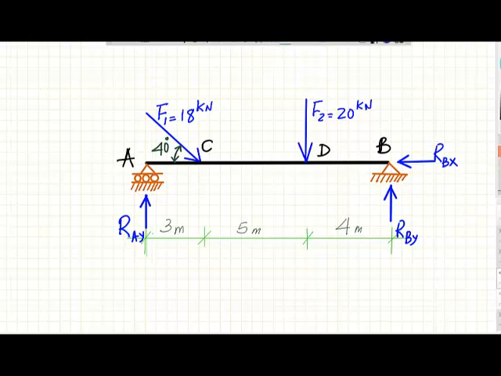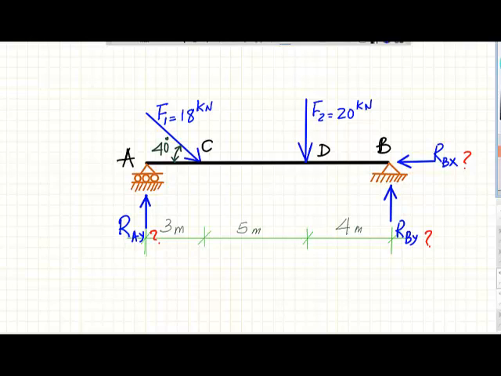So if we look at the analysis, we have three unknowns. RAY is unknown, RBY is unknown, and RBX is unknown. Mathematically, to be able to resolve a problem with three unknowns, we need three equations.